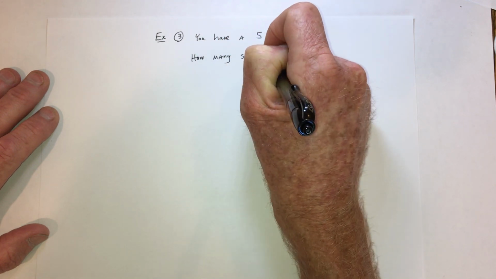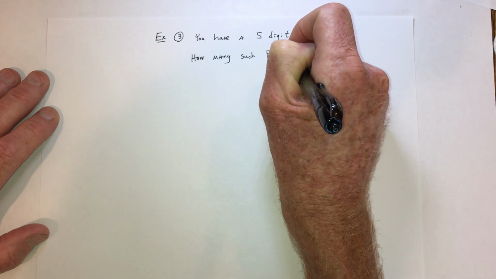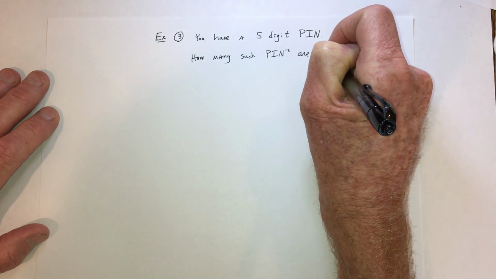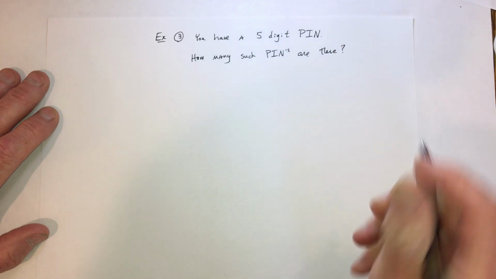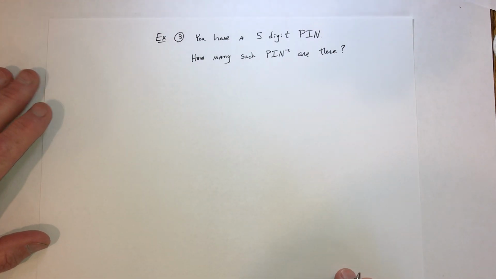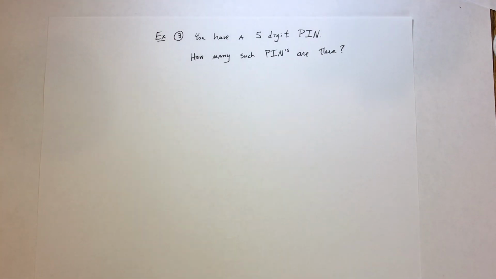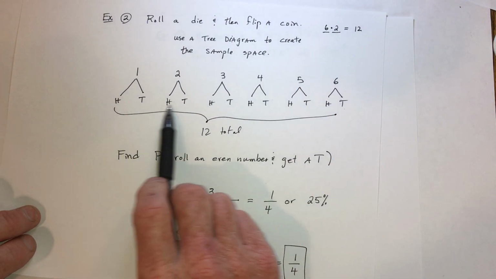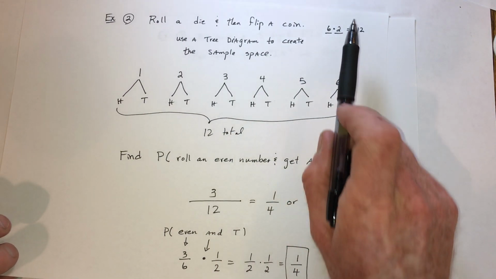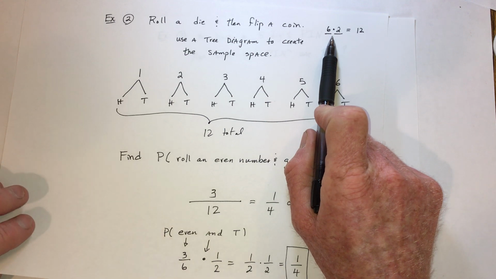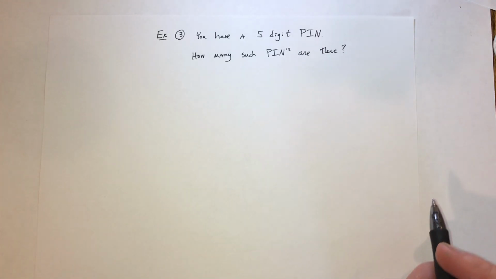How many such pins are there? So we could do it the long way, I mean the fun way, or we could do it the shorter way. Let's do it the shorter way.